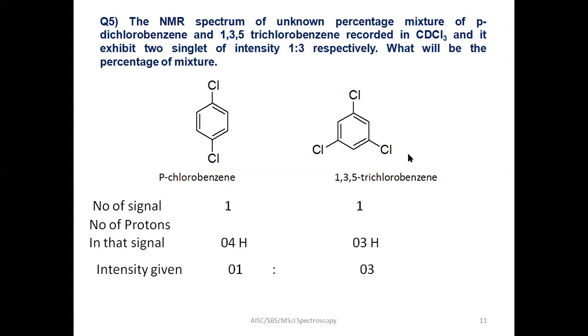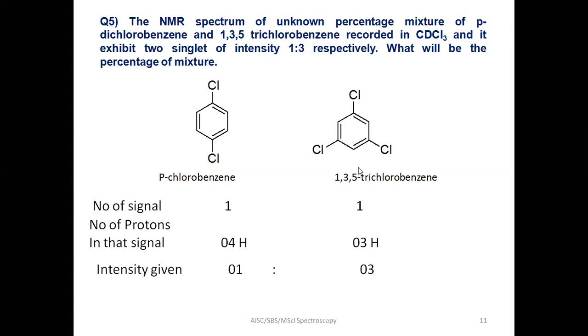It exhibits two singlets of intensity 1 to 3 respectively. What will be the percentage of the mixture? So an unknown percent is prepared and you record its NMR. You are getting a 1 to 3 intensity ratio, that is 1 for para-dichlorobenzene and 3 for 1,3,5-trichlorobenzene.